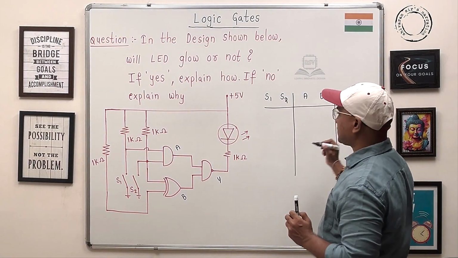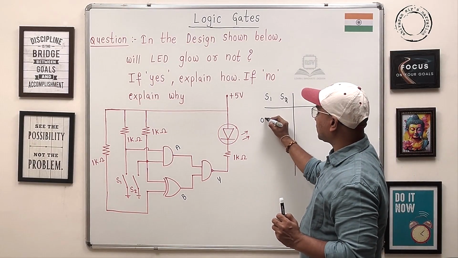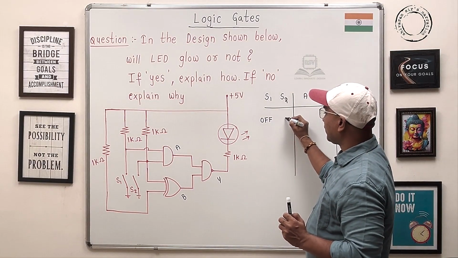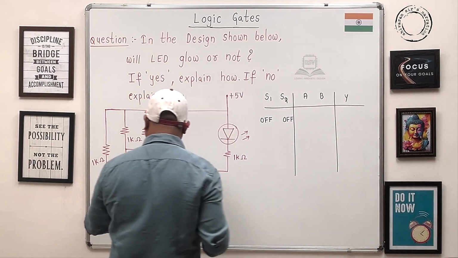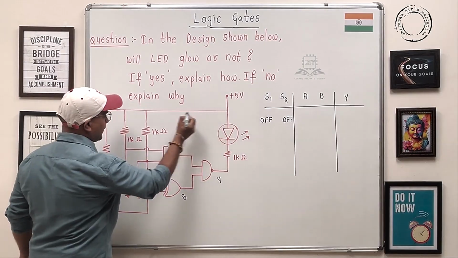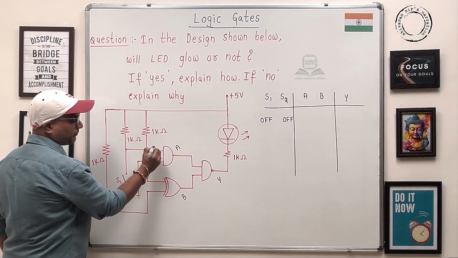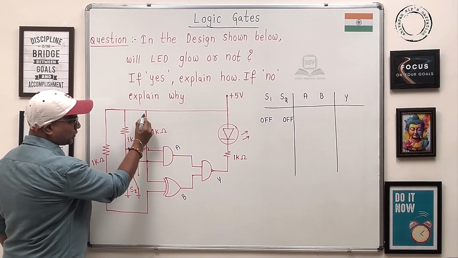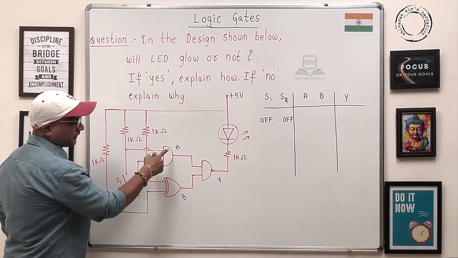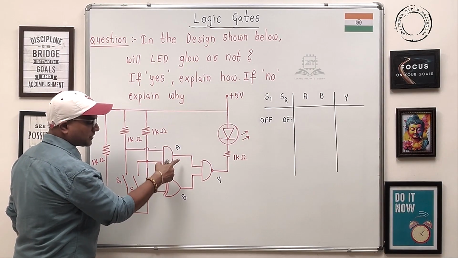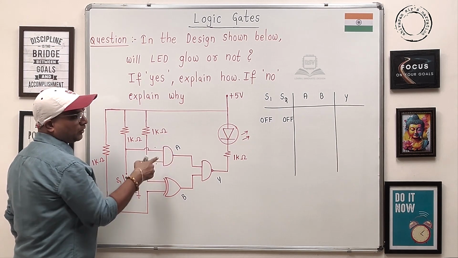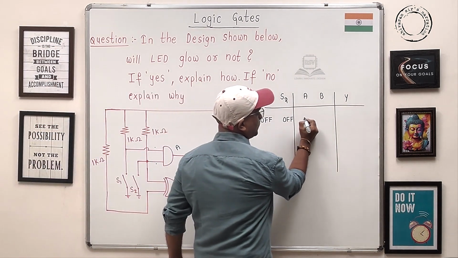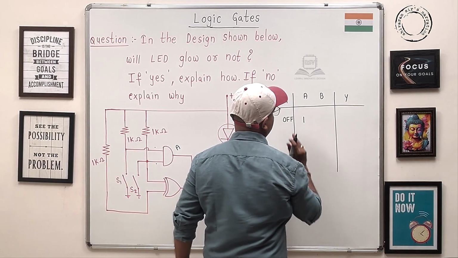Now let's assume S1, S2 both are off. If both are off, they act like an open circuit. Then the 5 volts will appear here, and here also 5 volts will appear. Then the AND gate output becomes logic 1, because 1 into 1 is 1 only. Hence the output of the AND gate is logic 1.